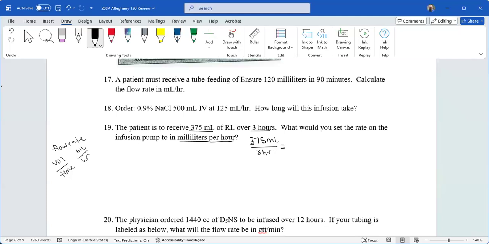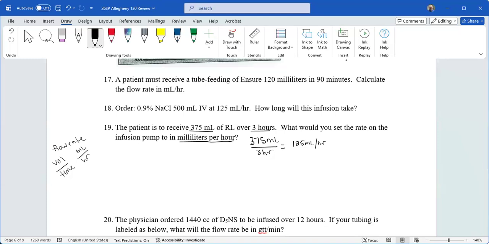So 375 over 3, and you're going to get 125 milliliters per hour. So keep it simple. You don't need to overthink it beyond that. You just want to make sure you're doing your volume over your time.